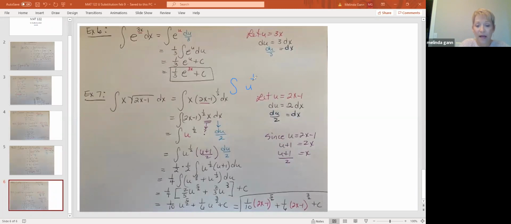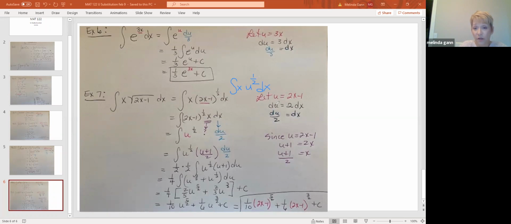But here's what I better not see you do on a test. Do you see I've still got this x to worry about? And I've still got this dx to worry about? If you wrote this on your paper, I would count off. I do not want you mixing variables. When you change one thing to u, everything has to be turned into a u. So I did my differential.